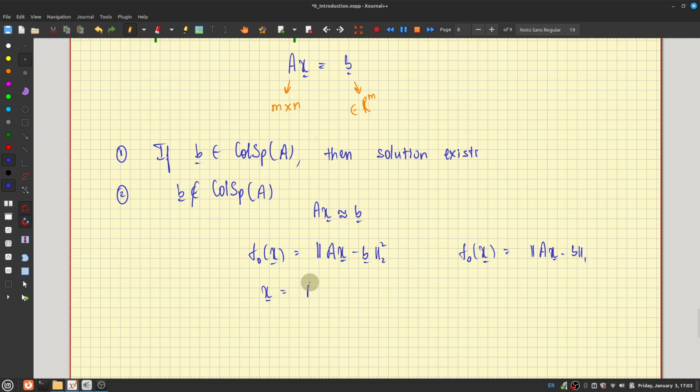Okay, so someone said it's A transpose A the whole inverse, A transpose b. How do you know that A transpose A is invertible? A transpose A is a square matrix, I agree, but does it have to be invertible?